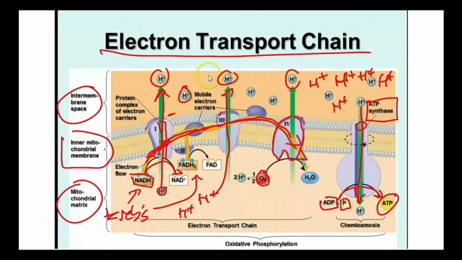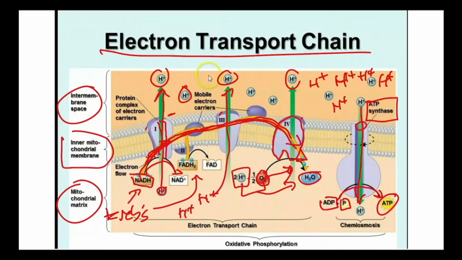And that's what happens here. It moves through increasing electronegativity until, boom, it finds oxygen at the end, pulls that electron off, makes oxygen negative, which attracts it to some of the protons. And if oxygen, O, and two H's come together, you end up with water.